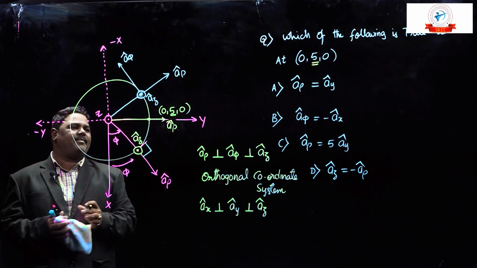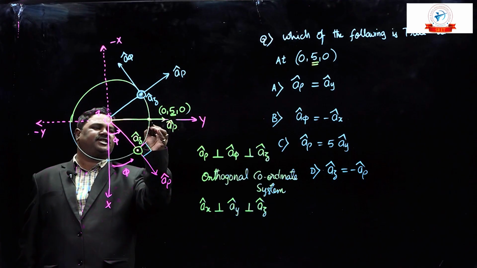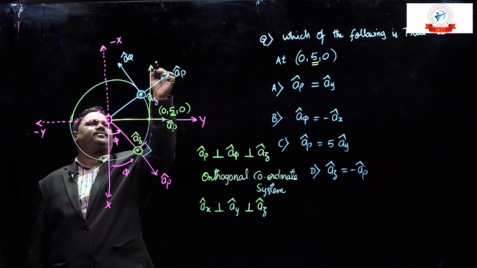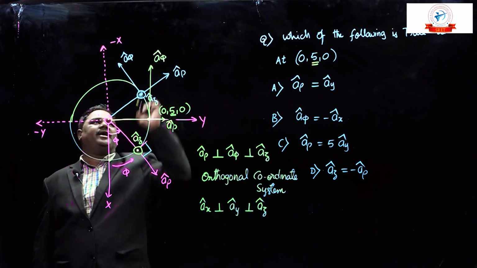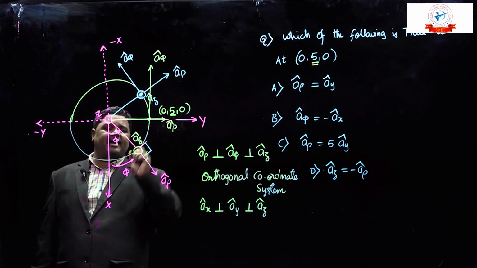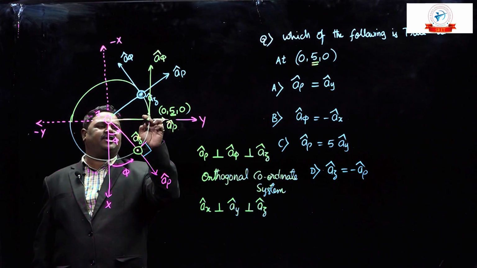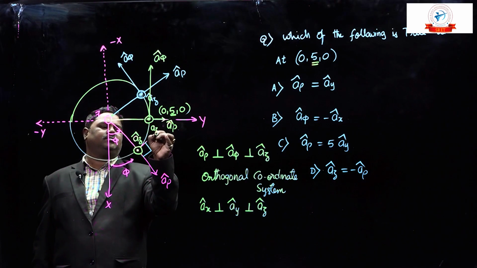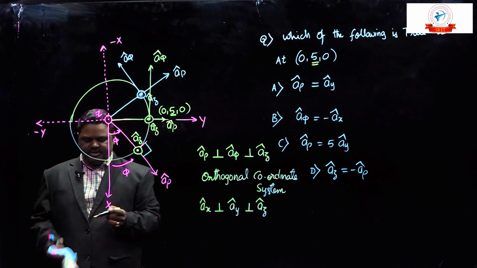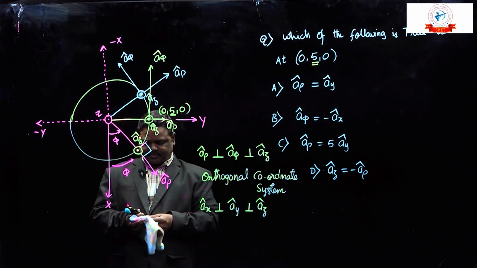Then what is the aφ cap direction? The aφ cap direction is tangent to this. This is the aφ cap direction. What is the az cap direction at this point? It is simply the direction of the z-axis, az cap.